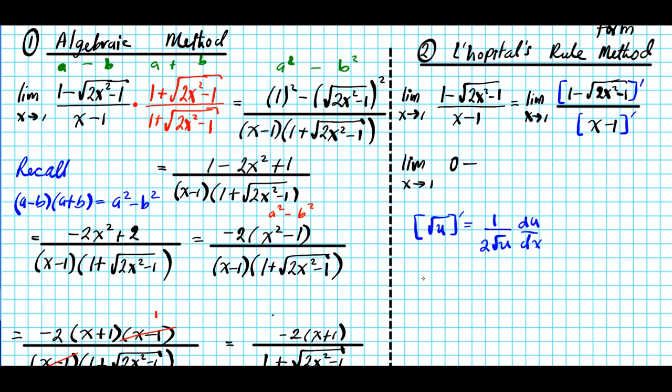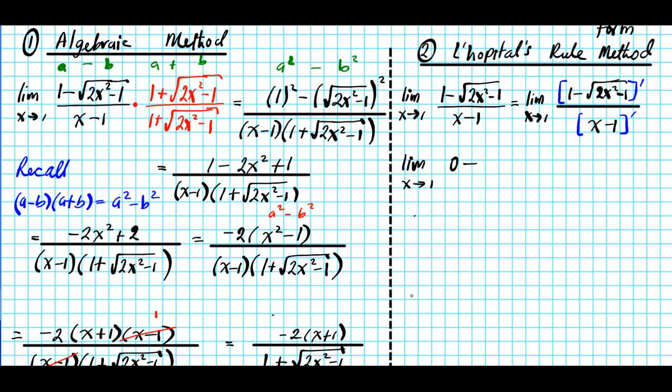In this particular problem, u, the inner function, is 2x squared minus 1. So when we differentiate the outer function, the radical function, we're going to have 1 over 2 root 2x squared minus 1, and then we'll multiply it by du dx, which is going to be 4x. So that's just the chain rule right there for u.